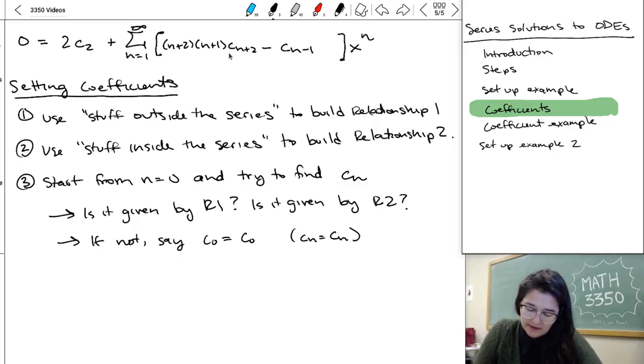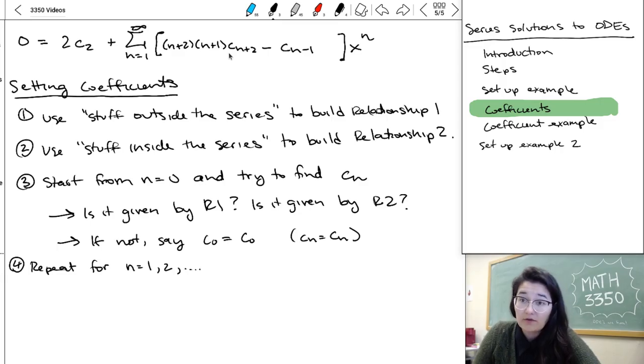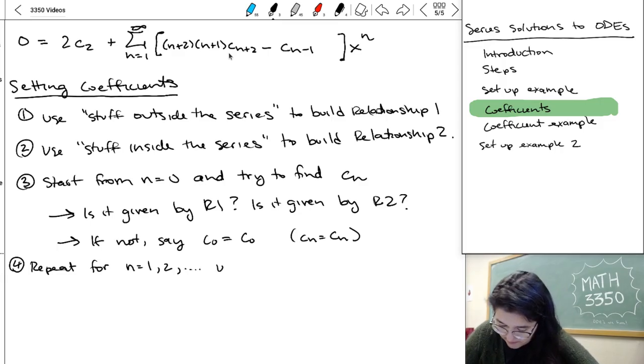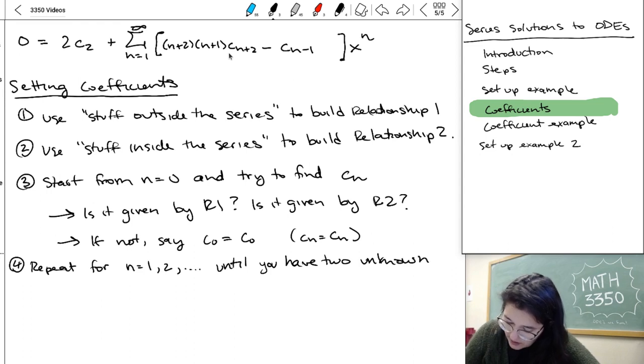And then once we've done that, we repeat the process for n equal 1, 2, so on and so forth, until you have two unknown constants.